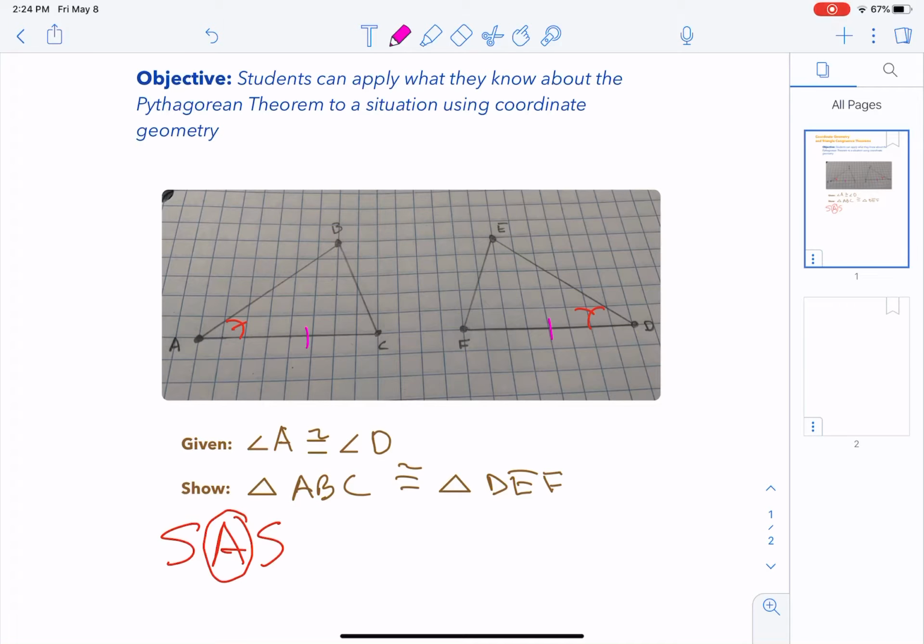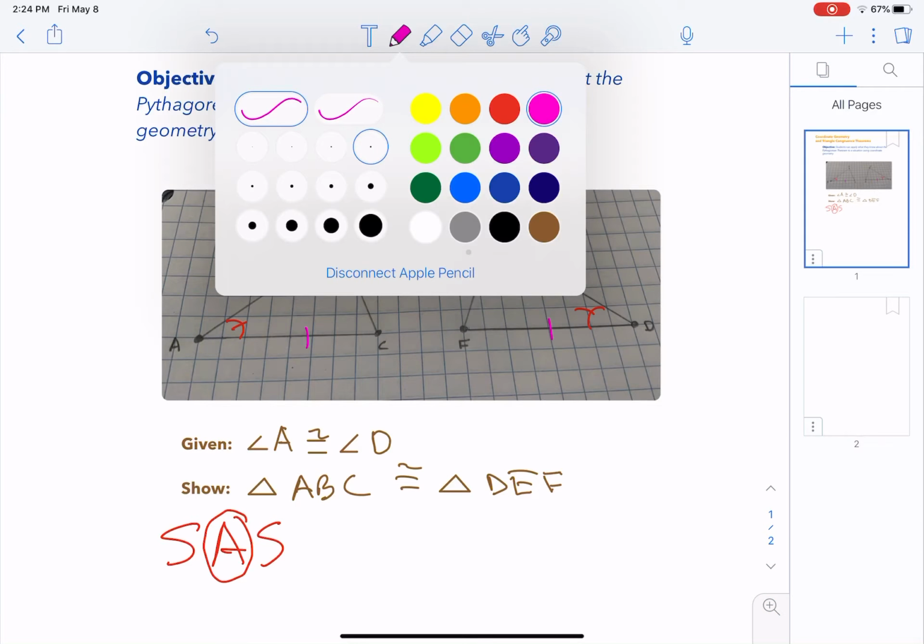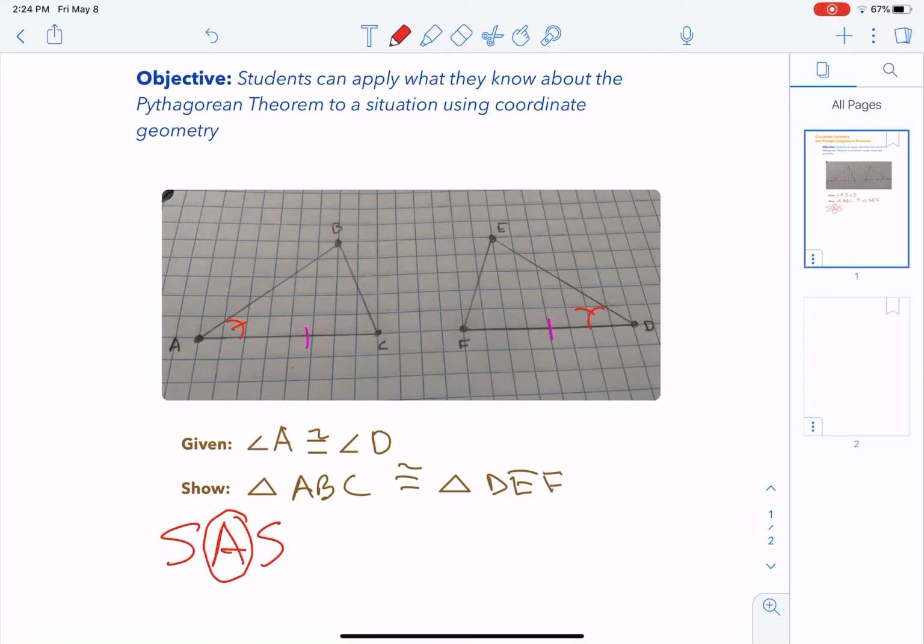So we can say that AC is congruent to DF. And so here's another side. Okay, we just need the first S, so to speak, and side, angle, side, and we're good to go.